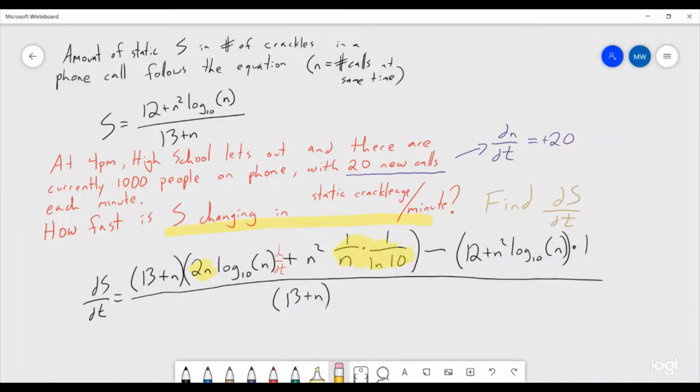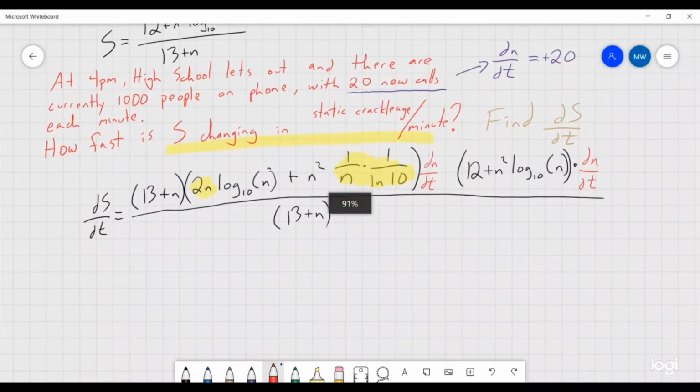So let's put the dN/dt outside of this entire parenthesis, because all of those had a dN/dt on them. And the 12 plus N squared log base 10 of N was just the top times the derivative of the bottom. The derivative of the bottom is not actually 1, it's dN/dt. So we actually had a dN/dt everywhere in this problem.